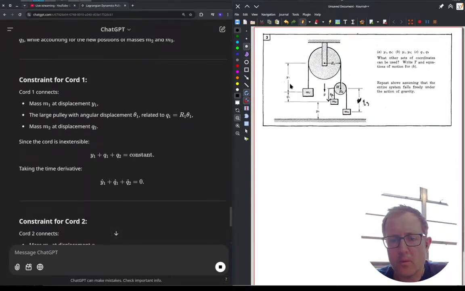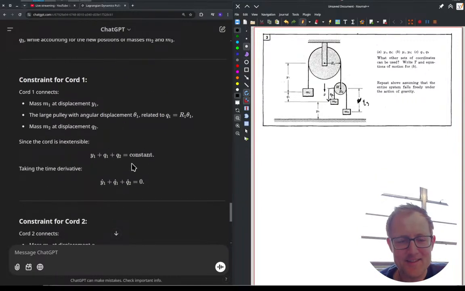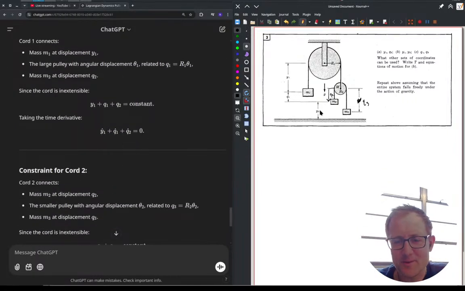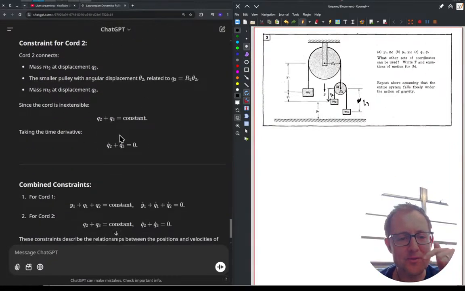Okay, so y1 plus q1 plus y2 is constant. I don't know why it keeps trying to tell me that different things are constant. Maybe it's having trouble reading it, but q2 plus q3, that one's a constant for sure.